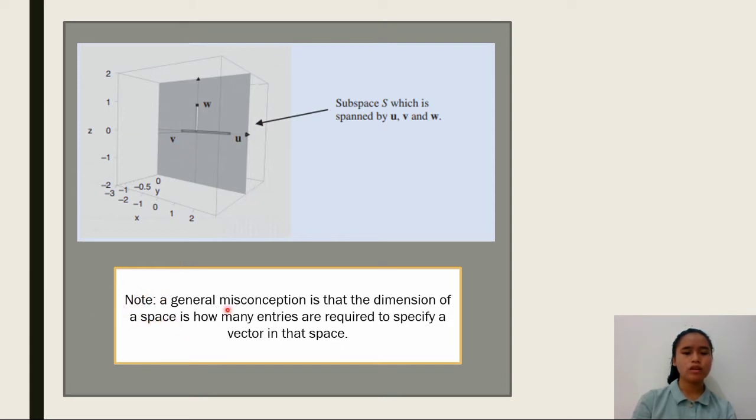The general misconception is that the dimension of a space is how many entries are required to specify a vector in this space, right? So this is an application in the 3D.